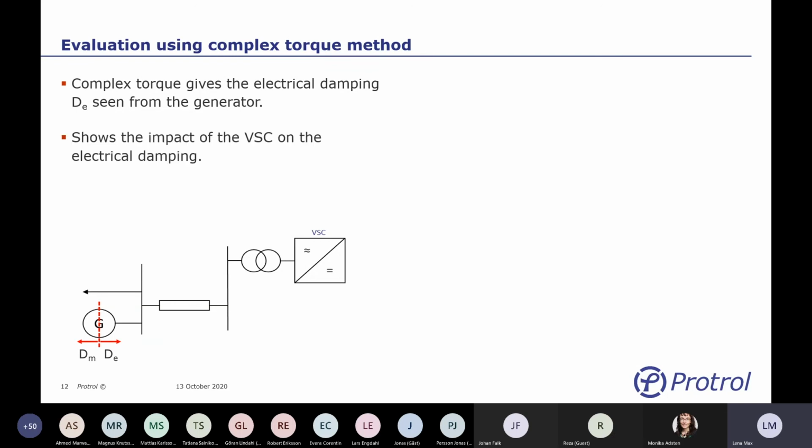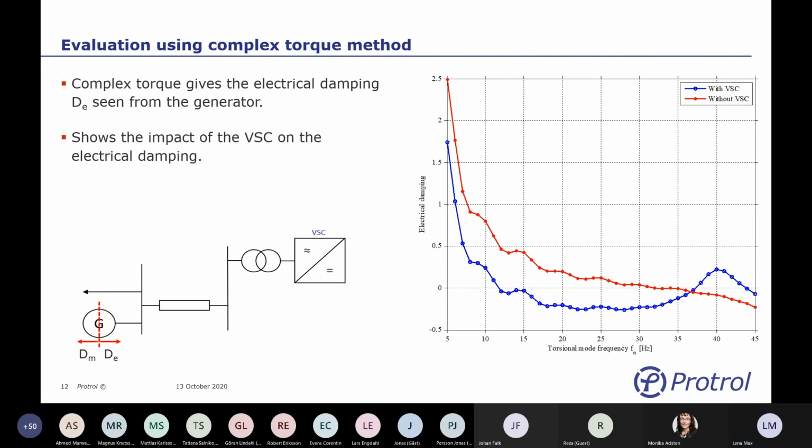And since we look from the generator, we can't see the damping of the converter itself. But what we can do is to look at the electrical damping of the system with the converter connected and without the converter.